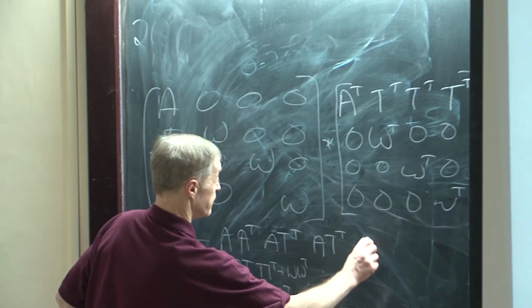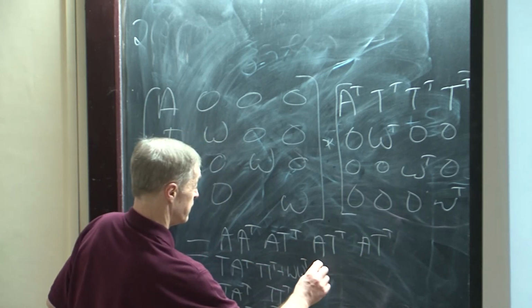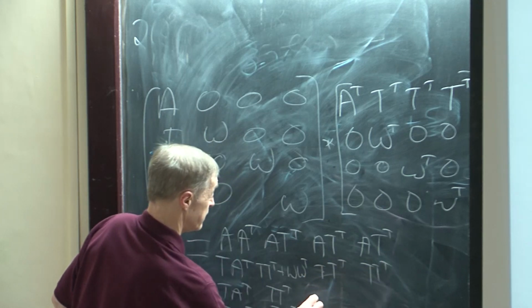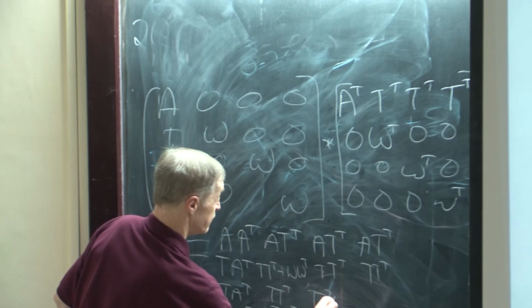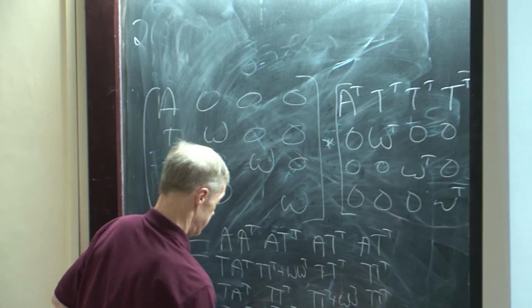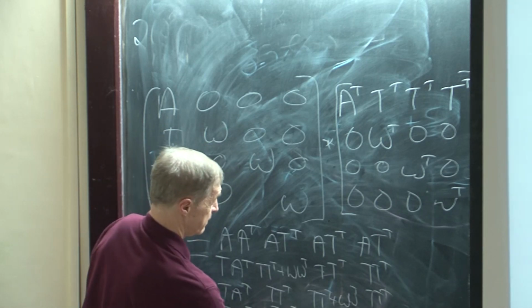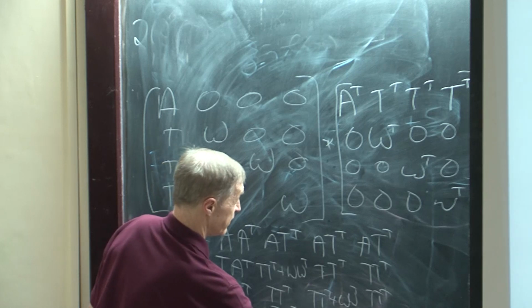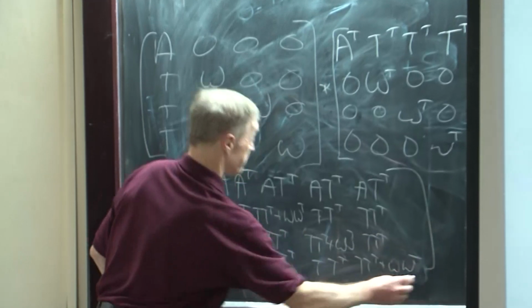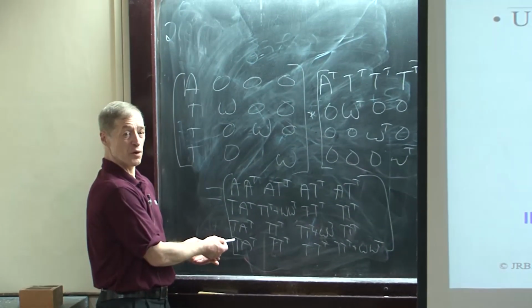A T transpose, A T transpose, T T transpose, T T transpose, T T transpose plus W W transpose. T T transpose, and then T T transpose again plus W W transpose. Okay, so now you've got something that's totally filled in.